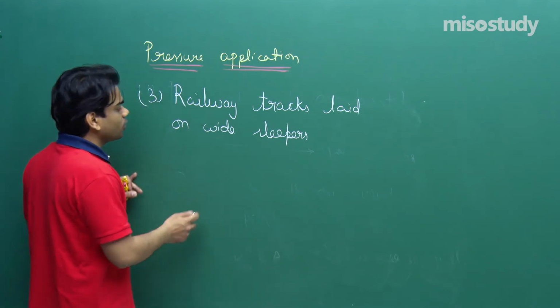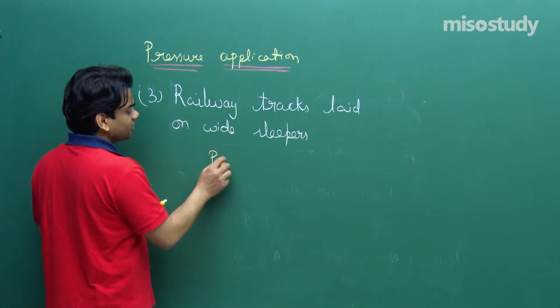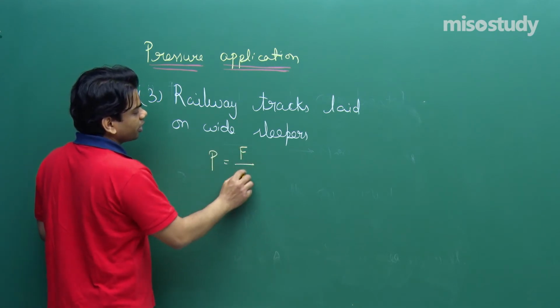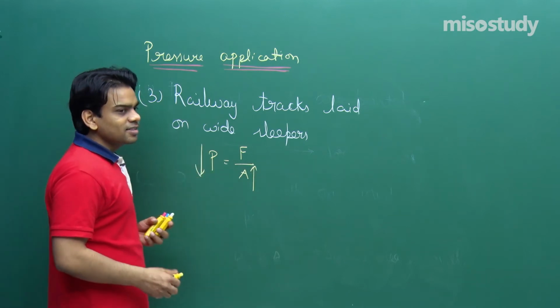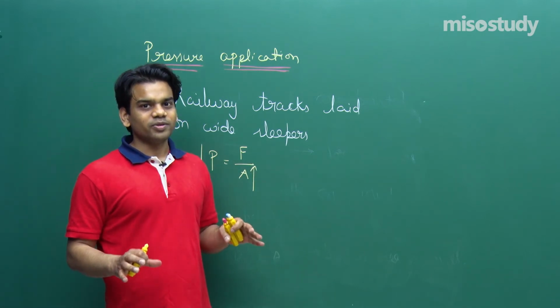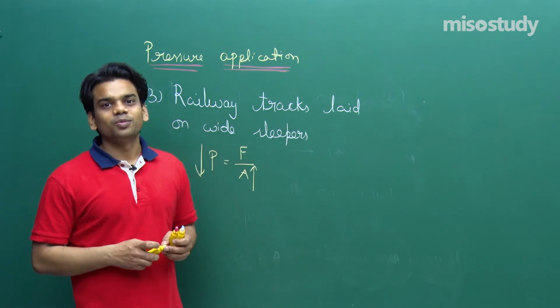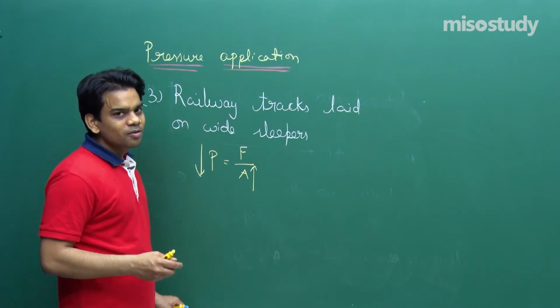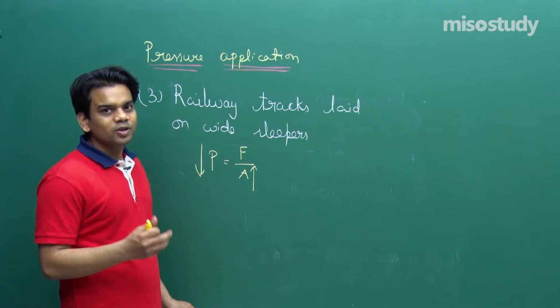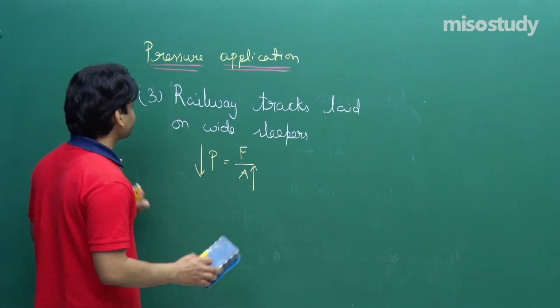We know that pressure is equal to force upon area, so as you increase the area, the pressure decreases, and hence the surface will not go down to a large extent. It will remain at its own position. That's why we increase the surface area by using wide sleepers to lay the railway tracks.